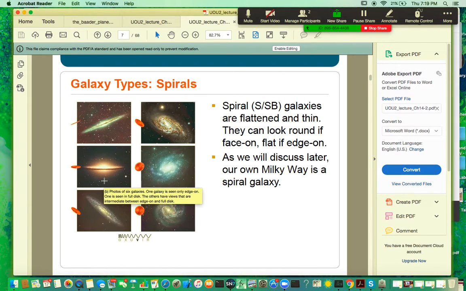If you look across the edge of it, it has a dark dust lane going across. This dark dust lane is the result of dust absorbing light from the stars populating this bright volume that we call the bulge.